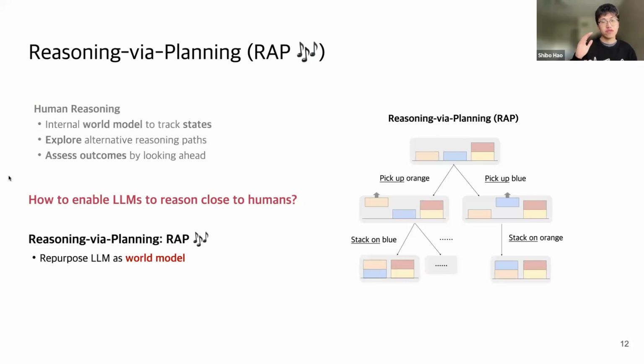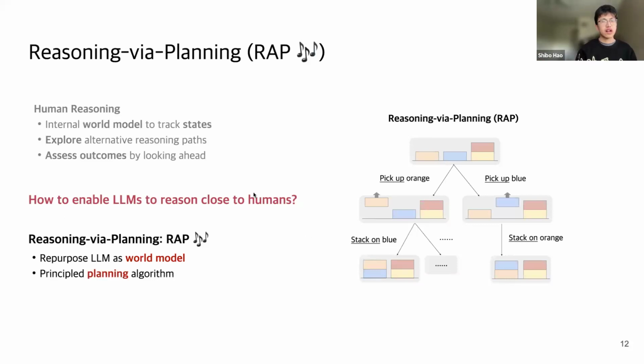First, we repurpose the language model as a world model to explicitly model the state. Here we show the image just for ease of understanding, but in our implementation, all the states are described in language so that they can be processed by the language model.